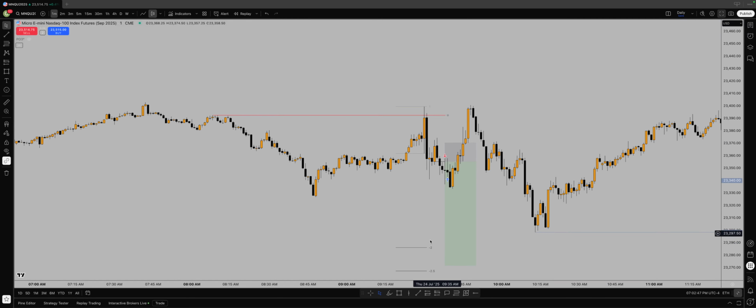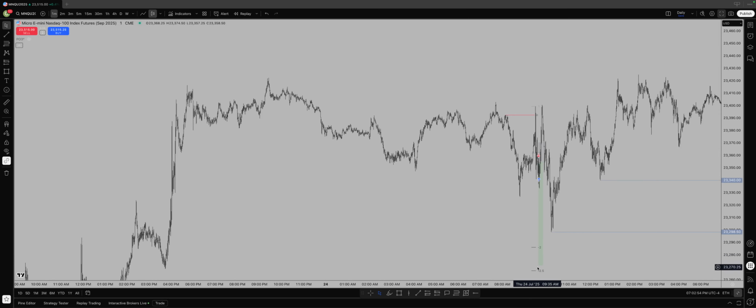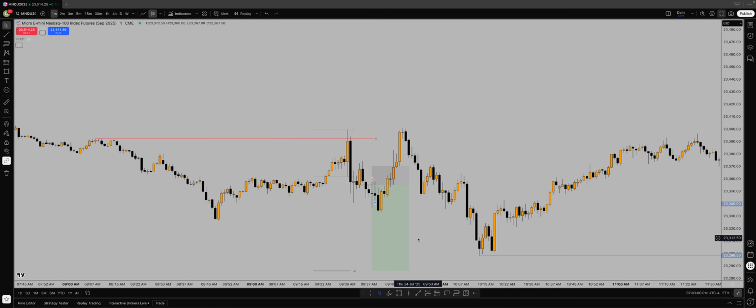So you can see the two standard deviations here. The target is down here. I actually took out the two standard deviations. I don't know why. And that's the trade setup that I had. That's what I was looking for.